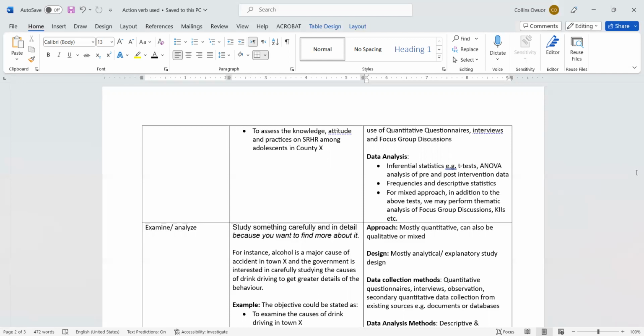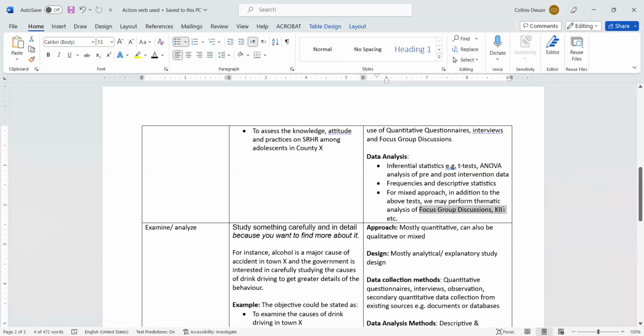This could include things like t-test and ANOVA, which we can use to analyze pre and post intervention data. We could also have frequencies and descriptive statistics. For a mixed approach, we may also have the tests we use for qualitative data analysis.